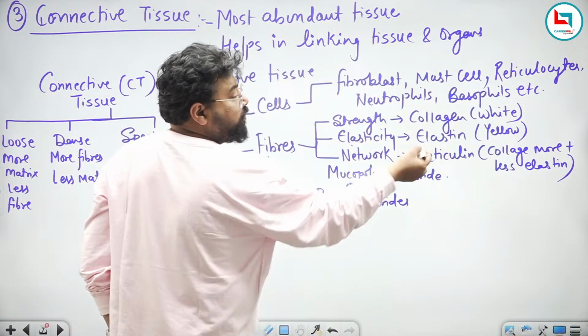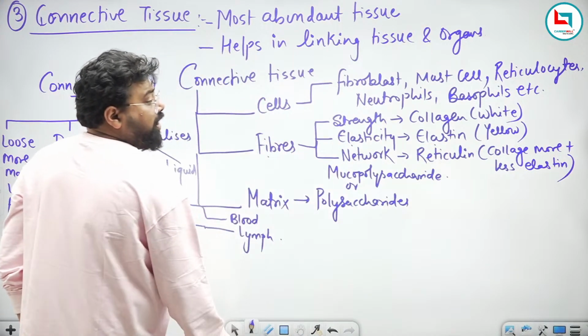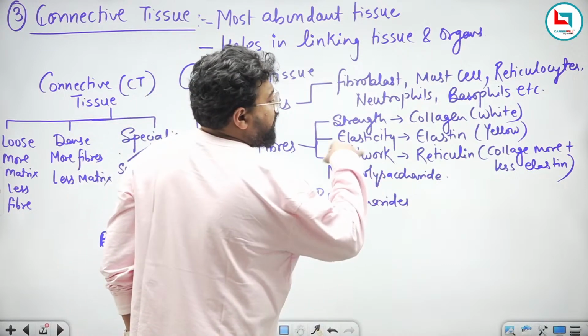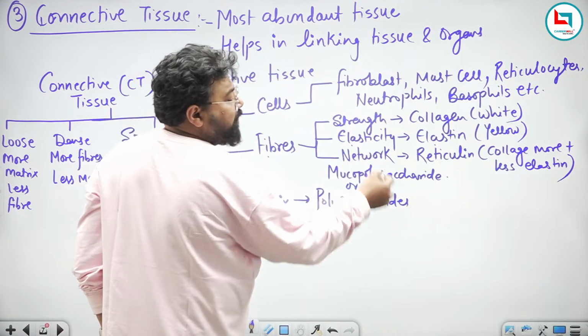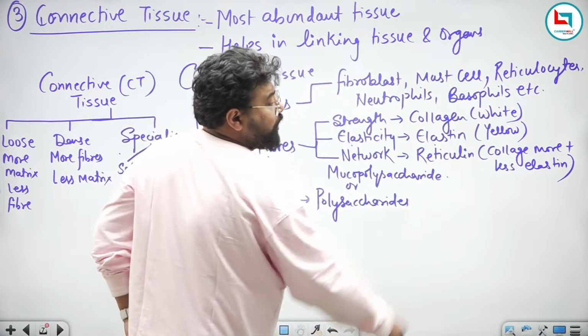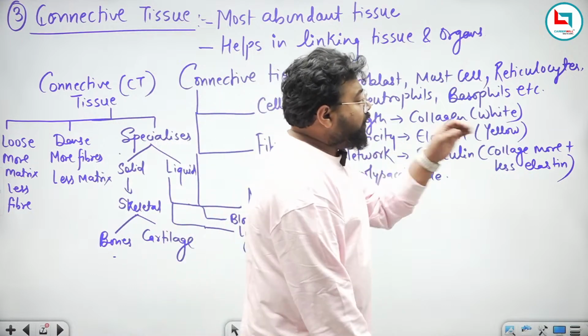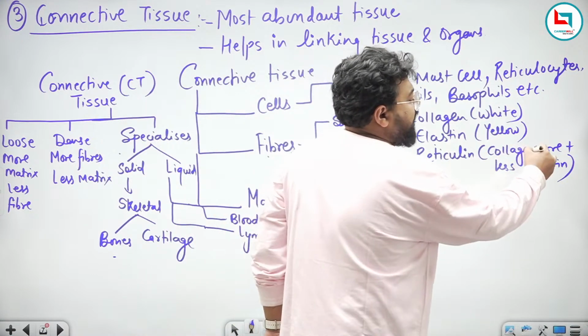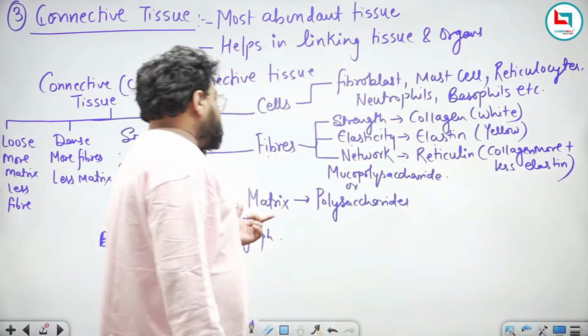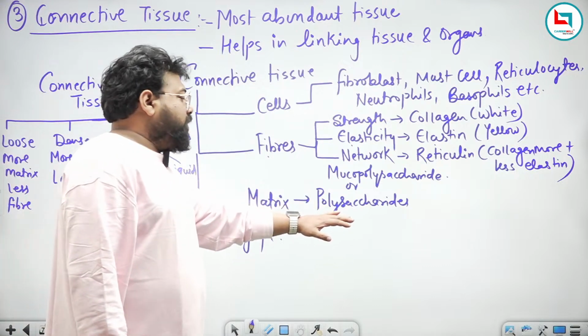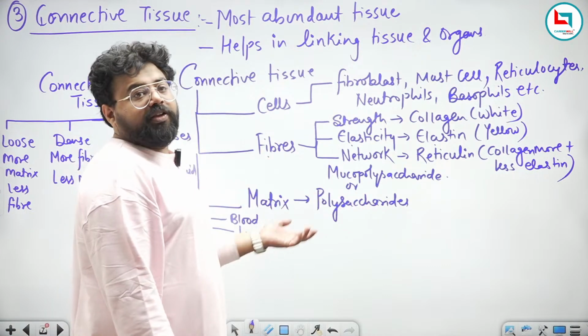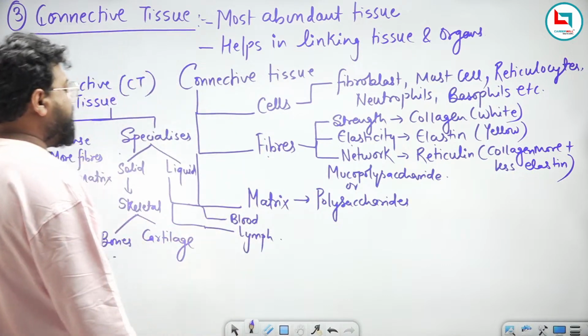Elasticity in these tissues is provided by elastin, which is yellow in color, while another fiber which helps in maintaining the network is known as reticulin, and reticulin is made up of more collagen, less elastin. And matrix, which is made up of polysaccharide, or we call these polysaccharides mucopolysaccharide.